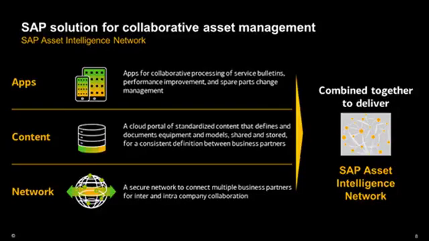The network has 3 components. Applications provide access to business processes such as job instructions, announcements, equipment lookup, equipment obsolescence, and equipment performance improvement. Content ensures consistent equipment definition from design to deployment using templates based on ISO specifications.